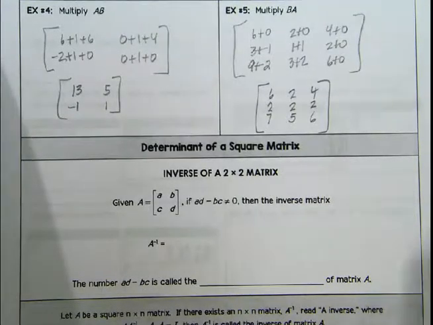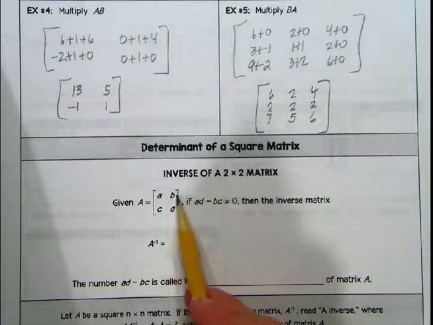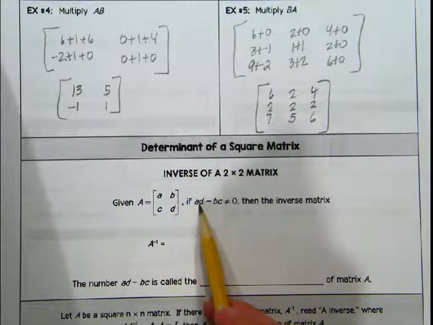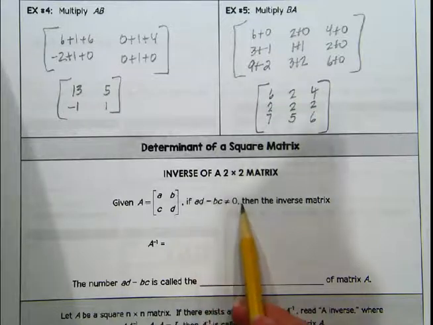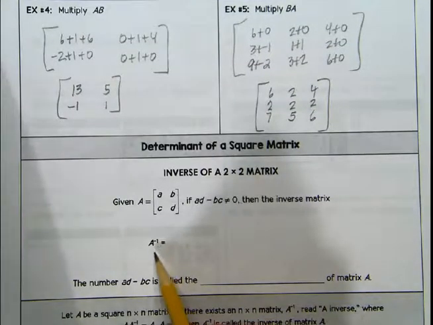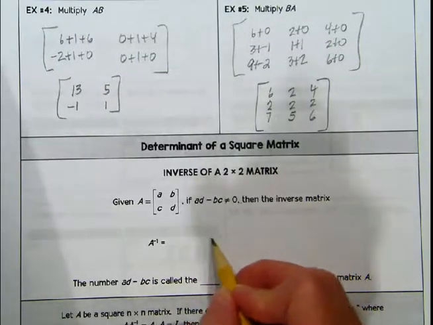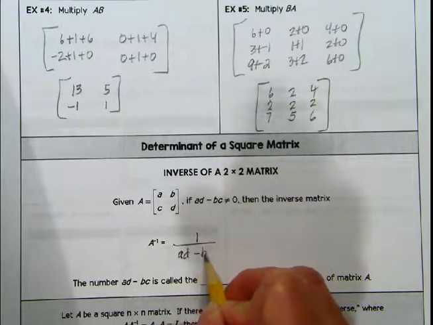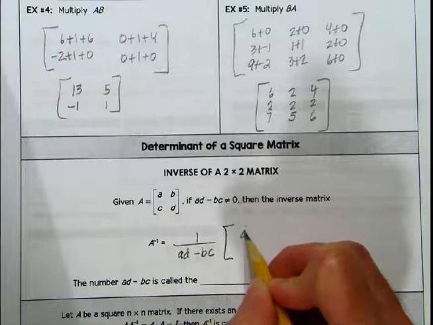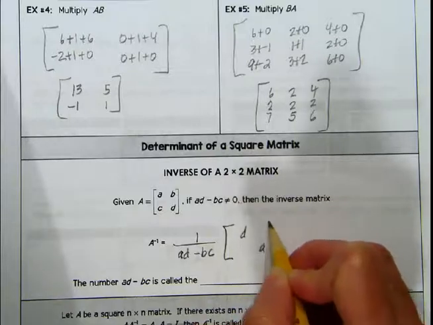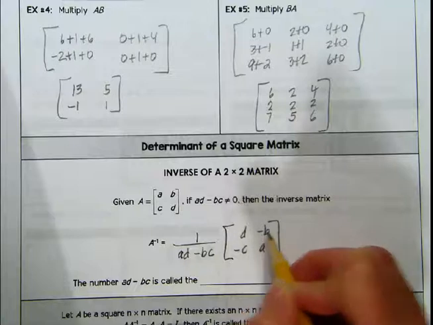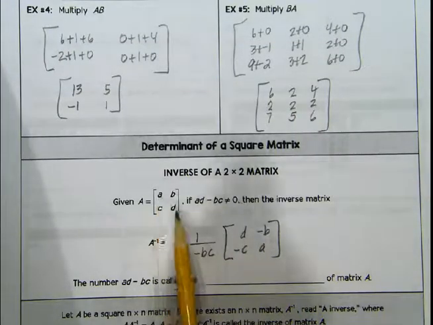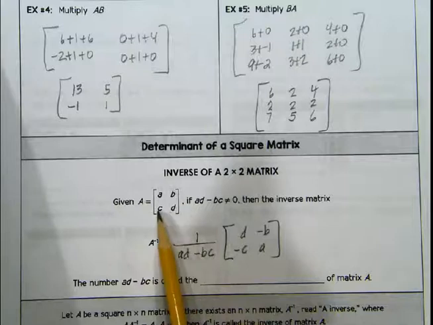So the inverse of a 2 by 2 matrix would be, if they're given the generic A, B, C, D, and we have to make sure that, of course, AD minus BC is not equal to 0, then the inverse matrix, denoted by that -1 there, would be 1 over A times D minus B times C, times D, A, and then negative C, negative B. So what you're doing here is switching these two around and changing the sign of those two.